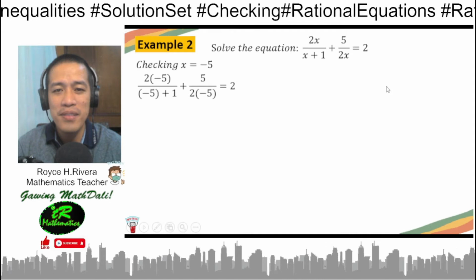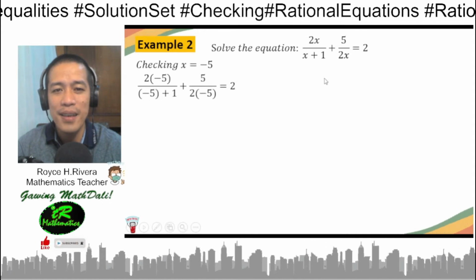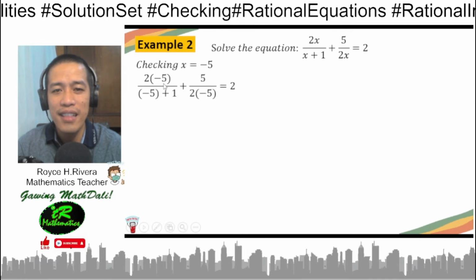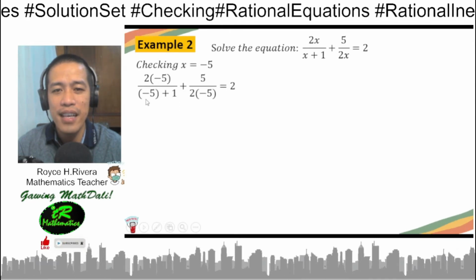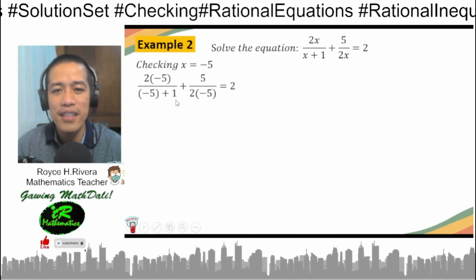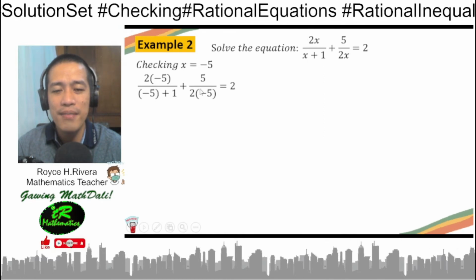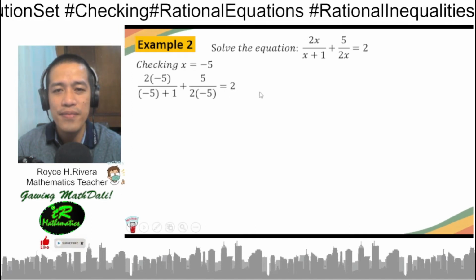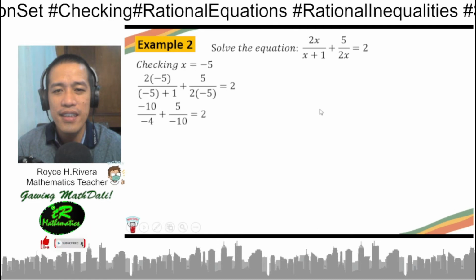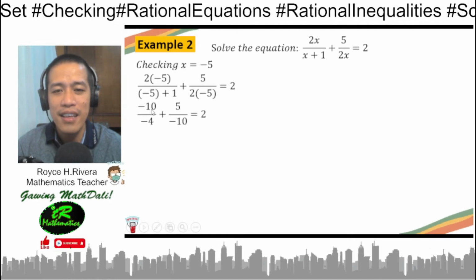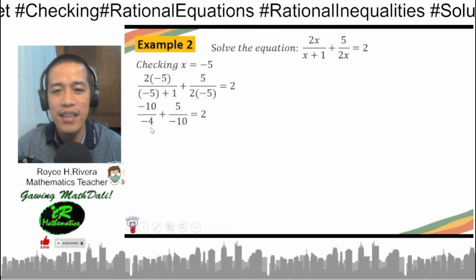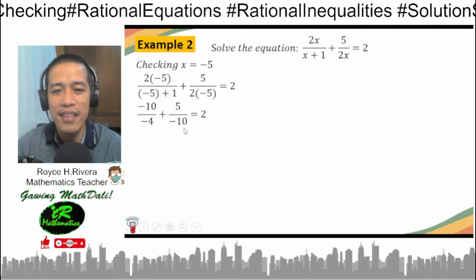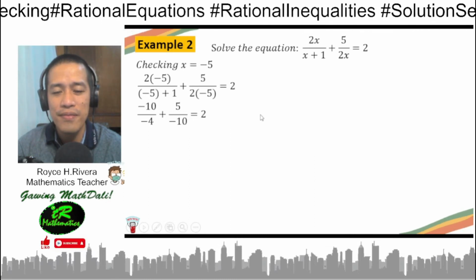Now we substitute negative 5 to all x in the equation. We will get 2 times negative 5 over negative 5 plus 1 plus 5 over 2 times negative 5 equals 2. Next, we will obtain negative 10 over negative 4 plus 5 over negative 10 equals 2.